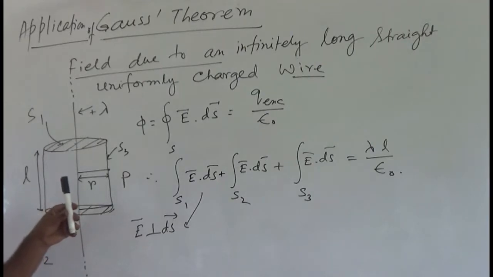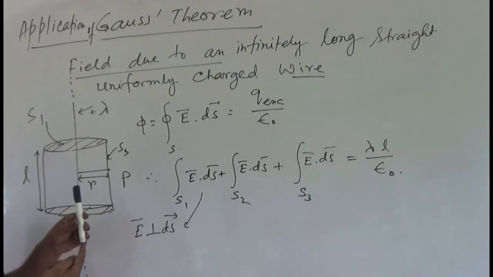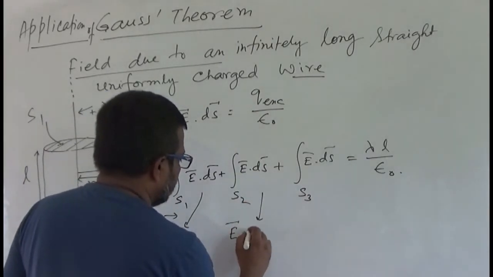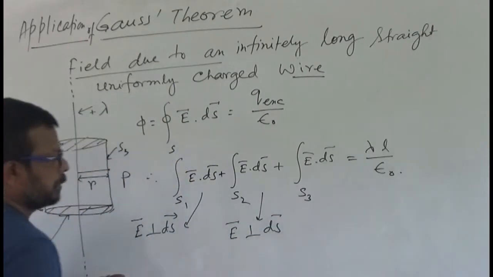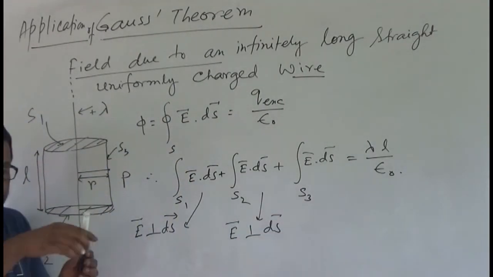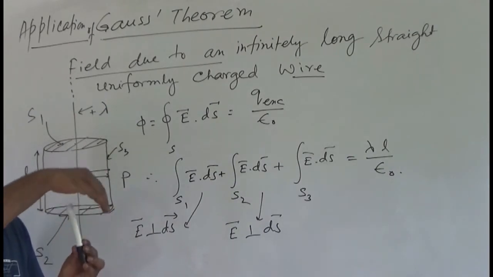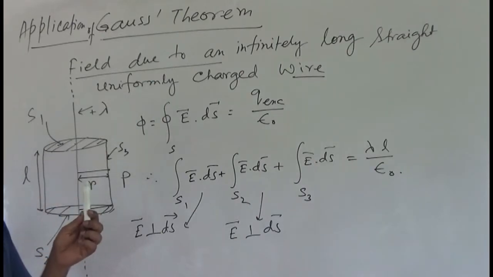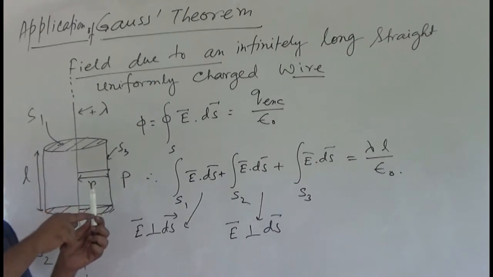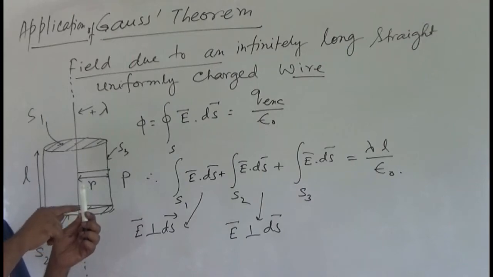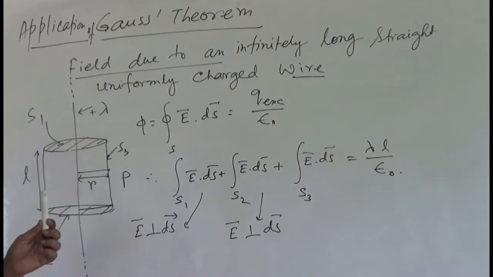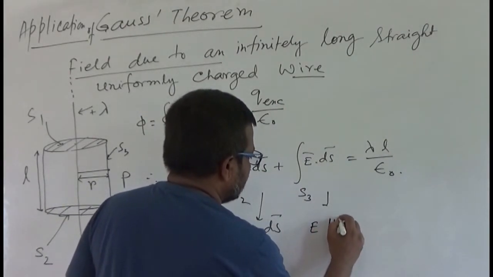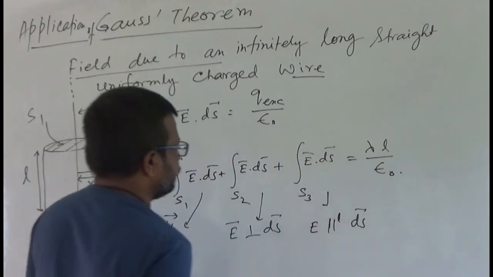That means here also, at each and every point, E is perpendicular to ds. But for the curved surface, the direction of the surface area will be radial, as well as the direction of the electric field will also be radial. Therefore, for this surface, E is parallel to the ds vector.